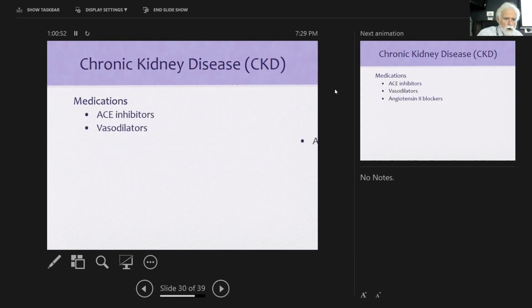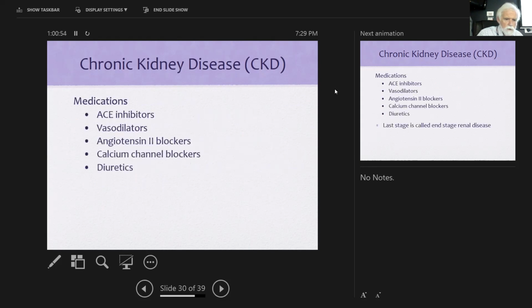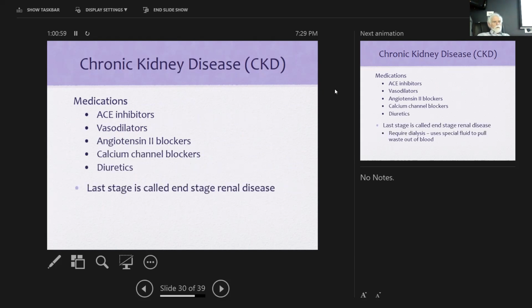There are various medications. If you look at that list, they're all blood pressure meds. And if you look at the video this week, the renin-angiotensin aldosterone system (RAAS) video, you'll see why these might have an effect on kidneys and have an effect at preventing some kidney damage.